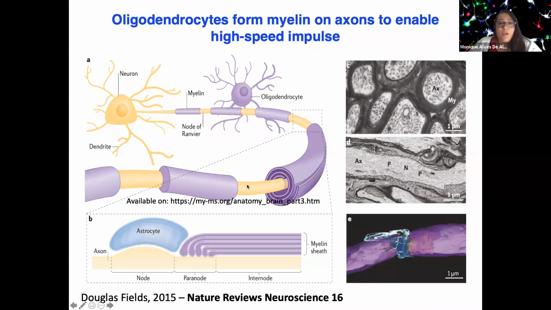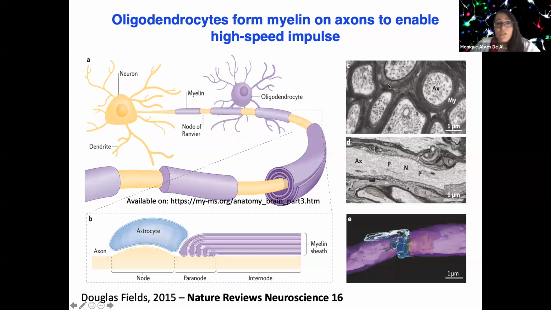Nodes of Ranvier are non-myelinated gaps along the axons, enriched in ion channels that participate in the exchange of ions required to generate the action potential. Another important thing is that astrocytes are in close contact with the axon at the nodes of Ranvier regions, the function of which is still unclear.